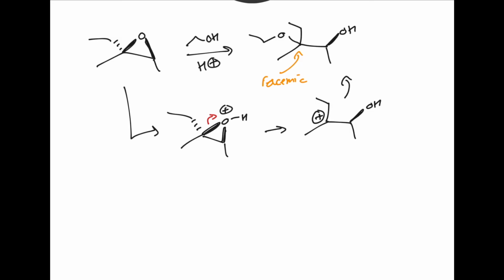That's consistent. If you're not reacting at that carbon-oxygen bond, that stereochemistry stays the same. But you lose your stereochemistry in acidic conditions. You invert it at the carbon you react at under basic conditions. That all make sense?